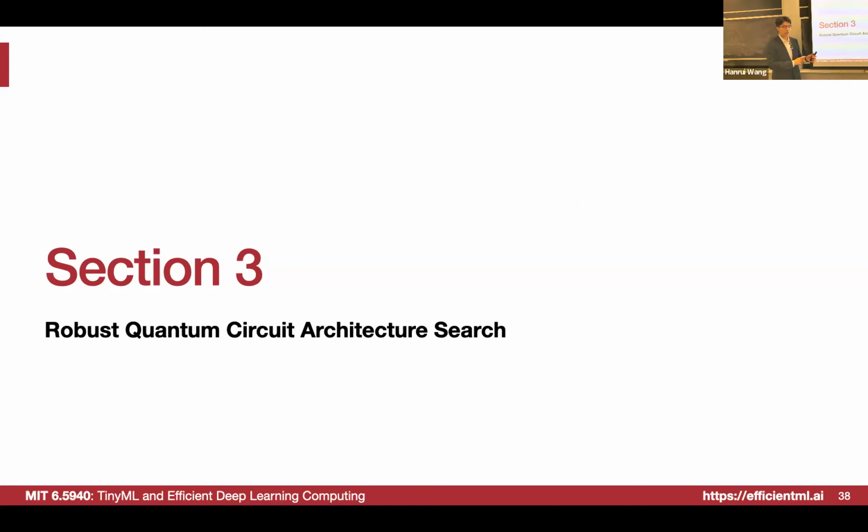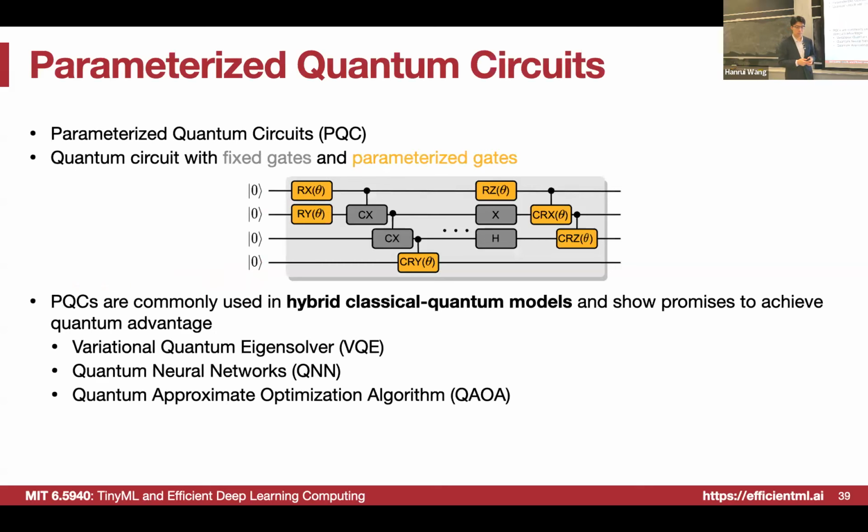After that, we also need to decide the circuit structure, like the architecture: how many gates we want to use, what kind of basis operations we want to use, and also the locations of those gates. So here we are introducing a very robust and scalable circuit architecture search method.